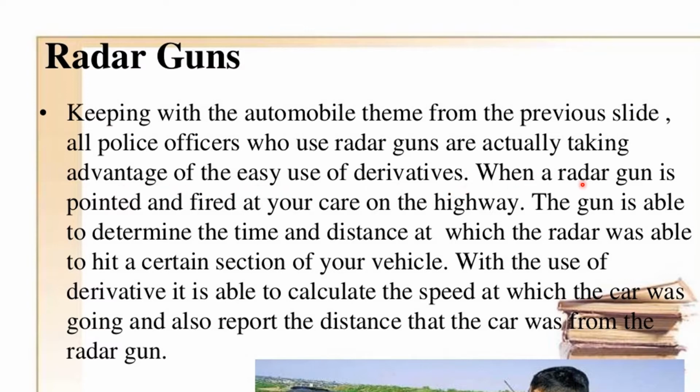When a radar gun is pointed and fired at your car on the highway, the gun is able to determine the time and distance at which the radar hit a certain section of your vehicle. With the use of derivatives, it is able to calculate the speed at which the car was going and also report the distance the car was from the radar gun.